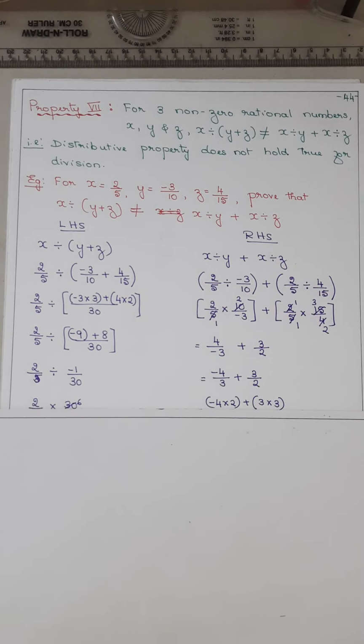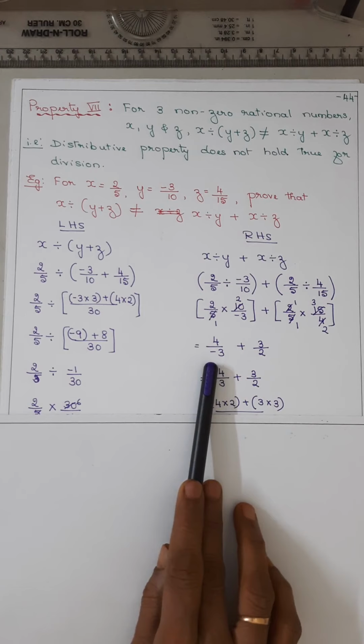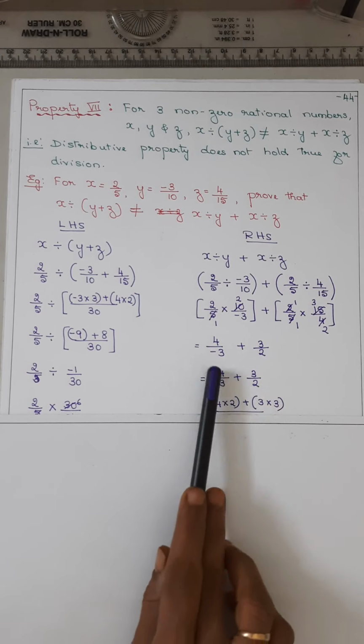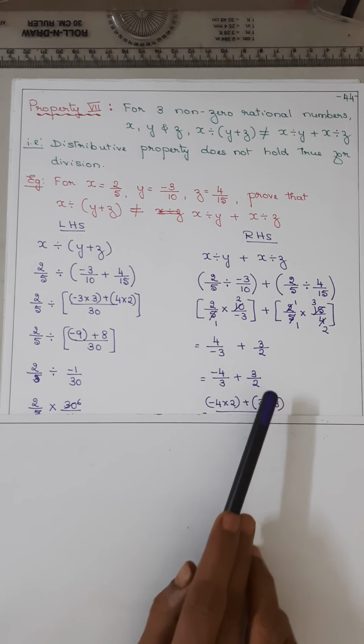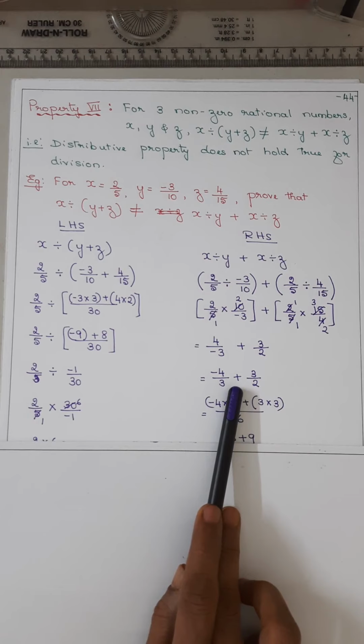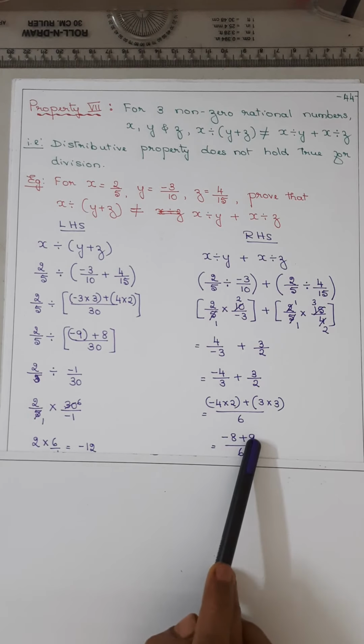Both are positive. Now, the denominator is minus 3, so put it in the numerator. Minus 4 by 3 plus 3 by 2. Now it is addition, that means LCM. 3 and 2, LCM is 6. 3 2s are 6.